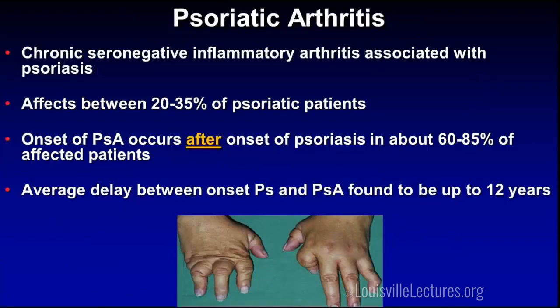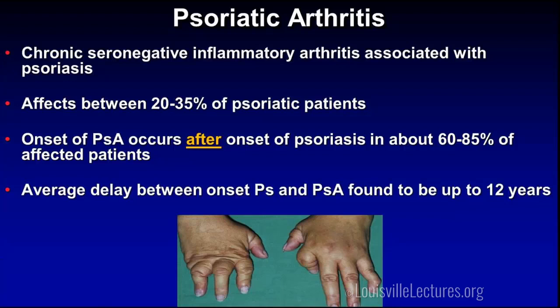Psoriatic arthritis is another very important comorbid disease that occurs in patients with psoriasis. It is the most common comorbid disease that occurs in these patients. It is a chronic seronegative inflammatory arthritis. It affects upwards of about 20 to 35% of all psoriasis patients.